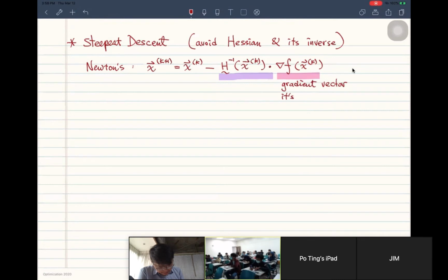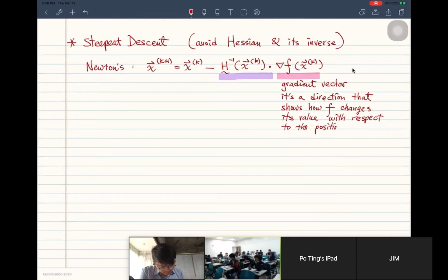It's a direction that shows how f changes its value with respect to the position of x, right?